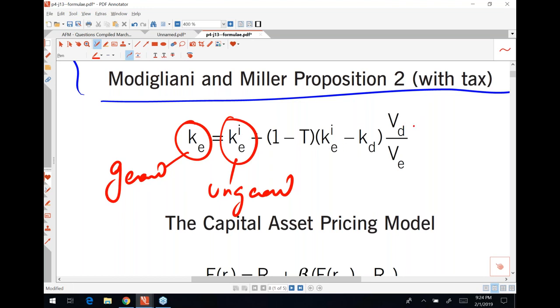And the other thing is this is the market value of debt and this is the market value of equity.